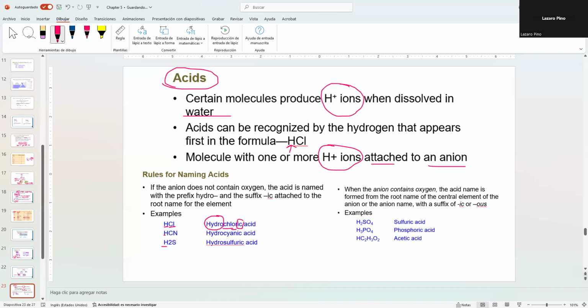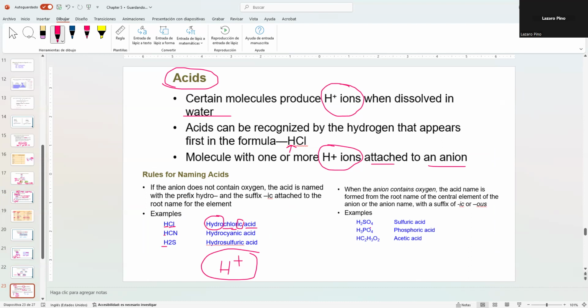Then you say hydrochloric, and at the end the word acid. That will show that we are in front of an acid. A compound that is in solution will produce cations like this. This is the main characteristic of these acids.